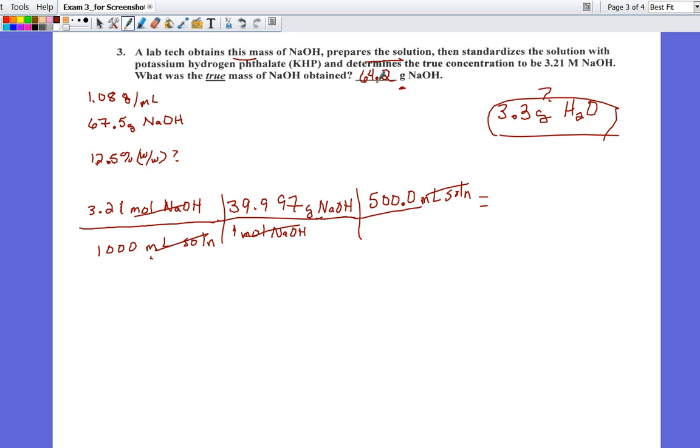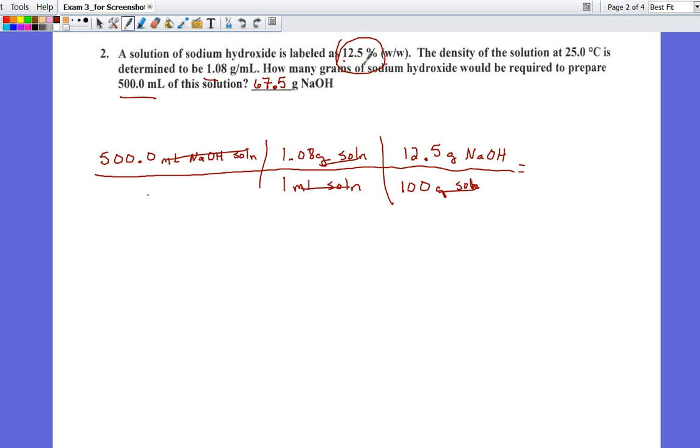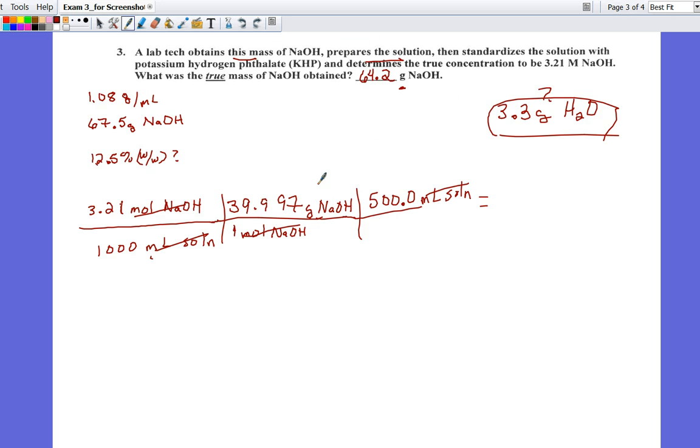What that tells me is I actually made less than a 12.5% solution. Not quite what I thought, because I didn't have as much sodium hydroxide as I thought I had. Okay? And we'll pick up with that one and do another problem off of it for number 4.